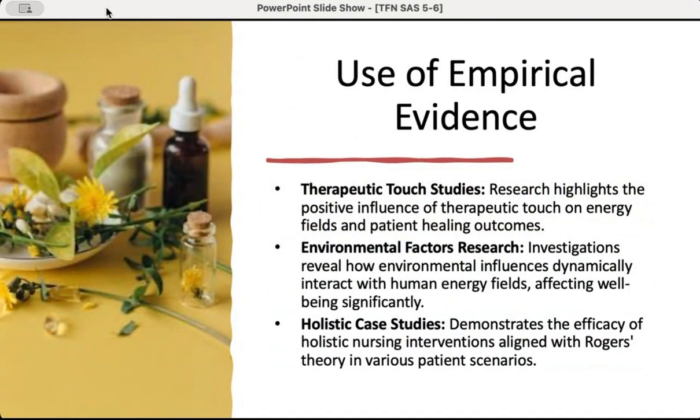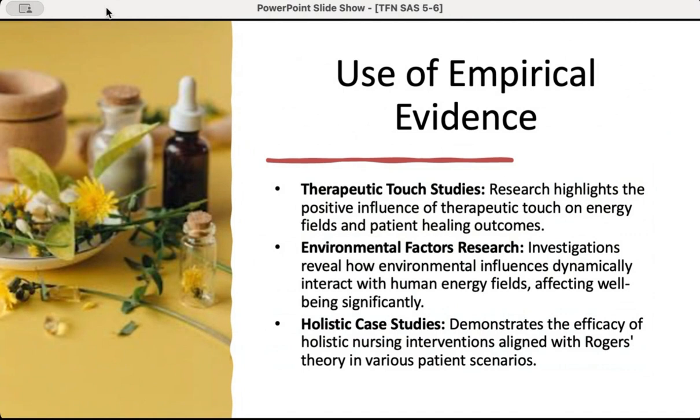So in terms of empirical evidence, therapeutic touch has a significant role. Research highlights the positive influence of therapeutic touch on energy field and patient healing outcomes. When you say therapeutic touch, you touch the patient in a way that you somehow feel what the patient feels, or you try to communicate with your patient through nonverbal cues. Okay?